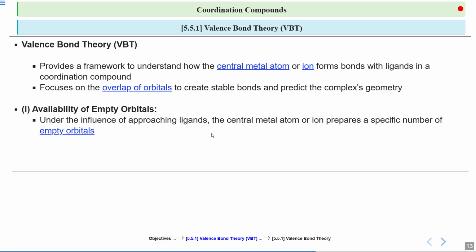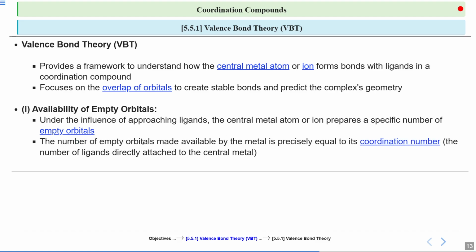The approaching ligands are the ligands coming to make the bond with the central metal atom. The central metal atom is preparing itself by providing a specific number of empty orbitals for the proper overlapping of orbitals between the ligands and the central metal atom or ion.